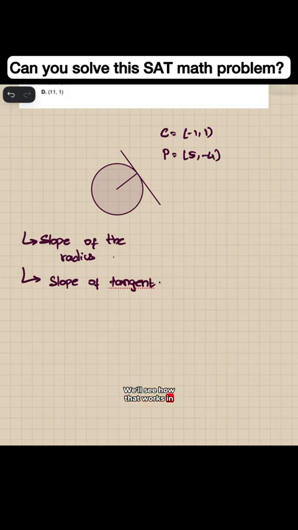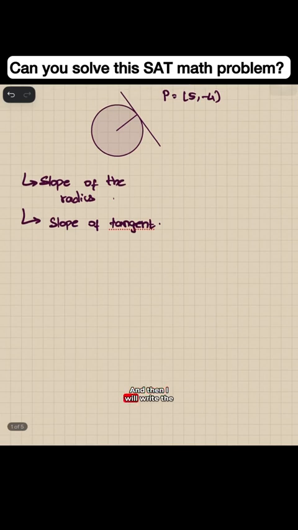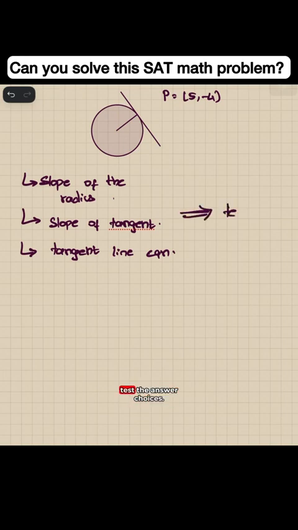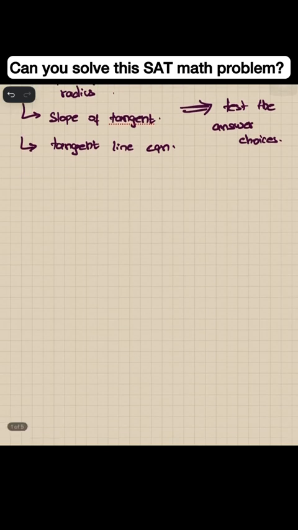We'll see how that works in a bit. And then I will write the tangent line equation. And then later on, we would test the answer choices. I also have a shortcut for you in the end.